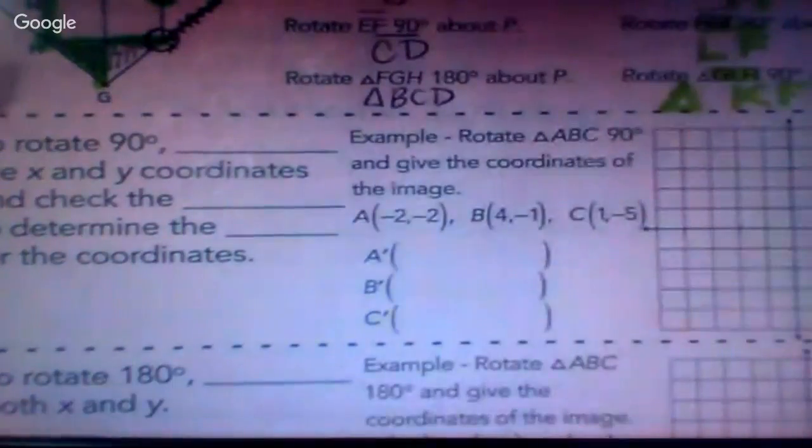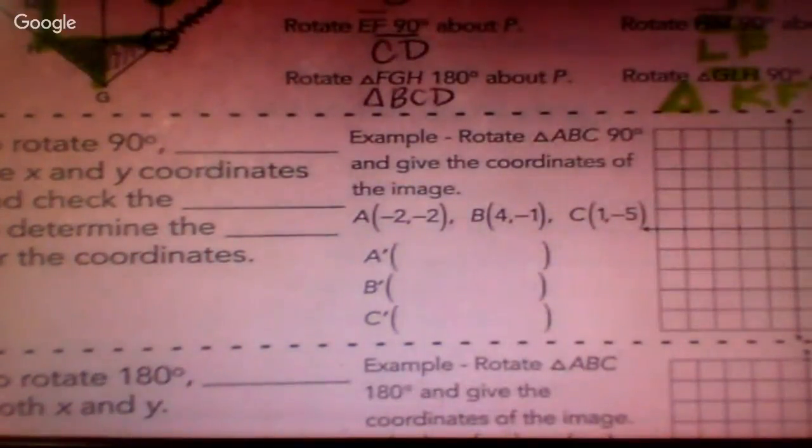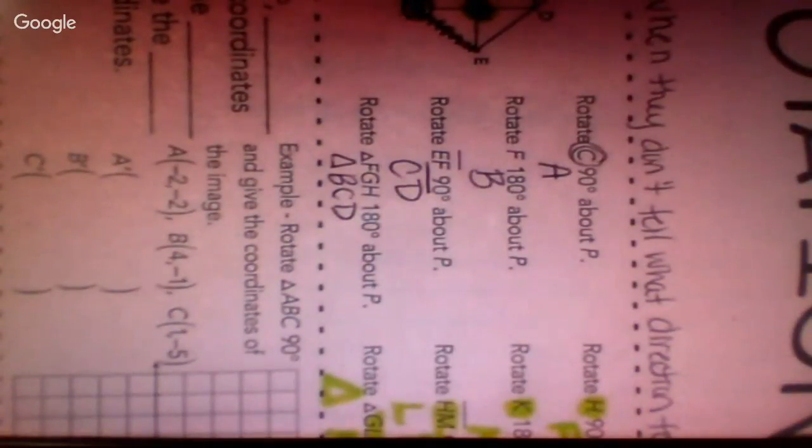Let's say we're talking about this triangle right here. Okay. I want to rotate it 270 degrees. Okay. So that's 90. 180 is upside down. 270 is this way. Okay, so when you flip it 270, my triangle is now here.